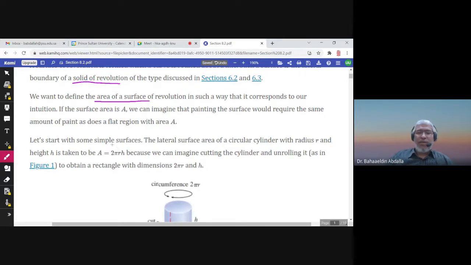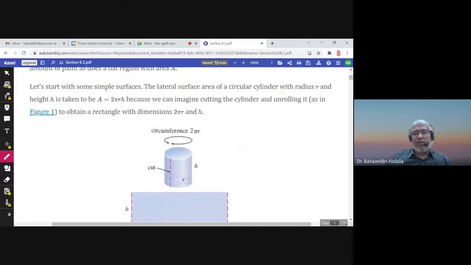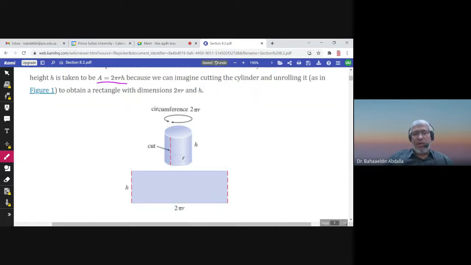Let us start by talking about the surface area of a cylinder. If we have a cylinder like this, then the surface area is given by the equation A equals 2 pi r h, where 2 pi r is the circumference of the base.